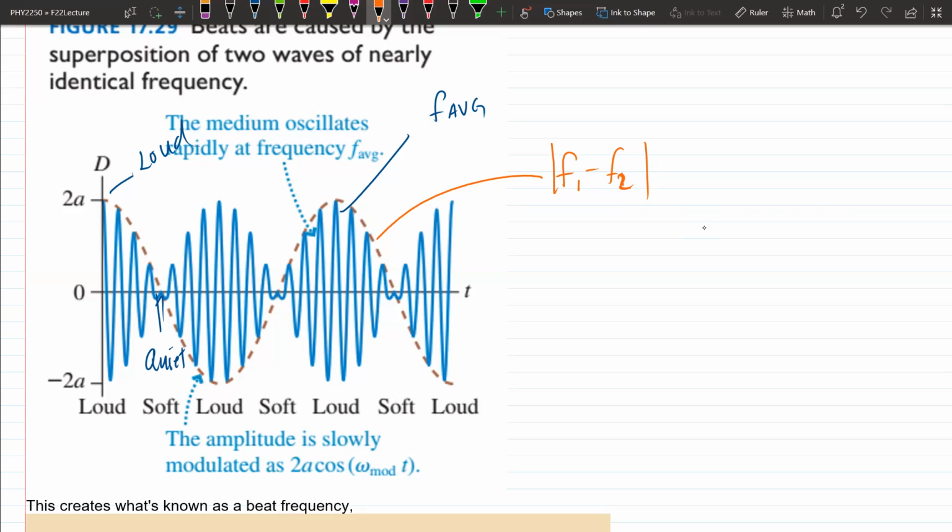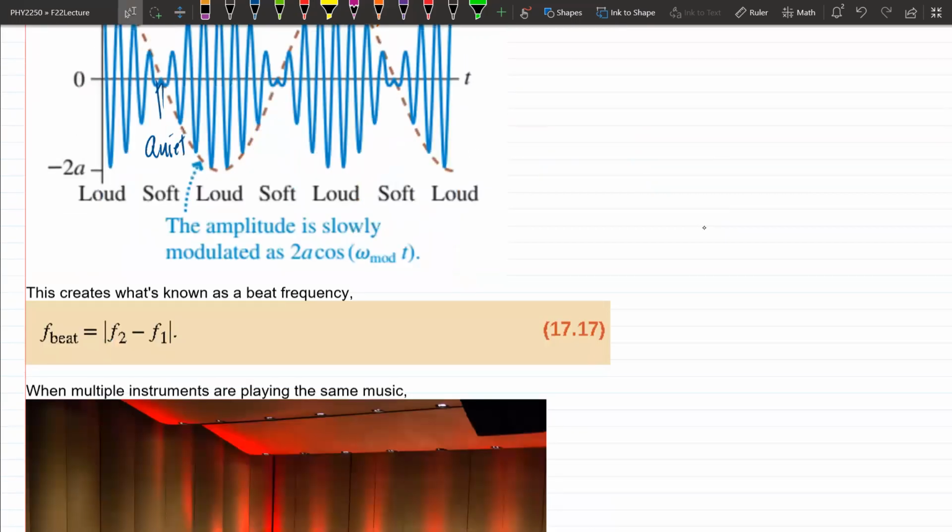That's why you hear that wah, wah, wah. That's why you can tell it gets louder, quiet, louder, quiet, 3 times per second. Does that make sense? This graph represents what we actually hear in real life. Everyone okay? So this is known as the beat frequency.